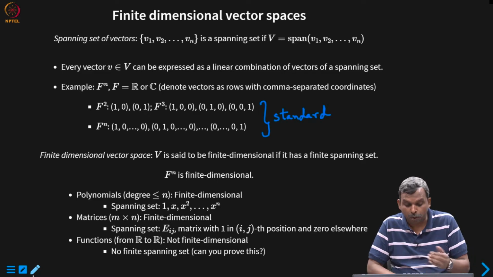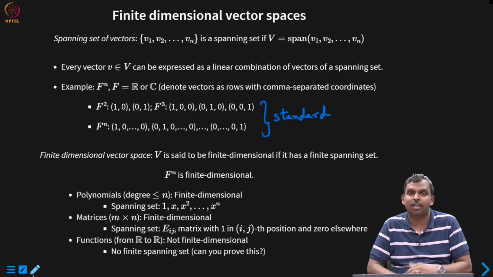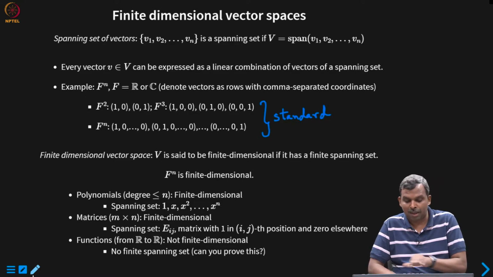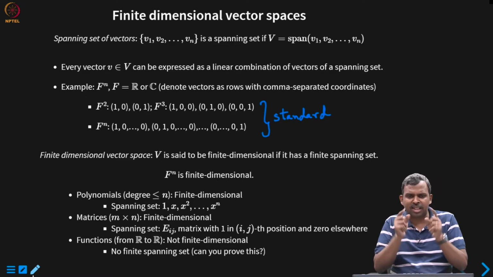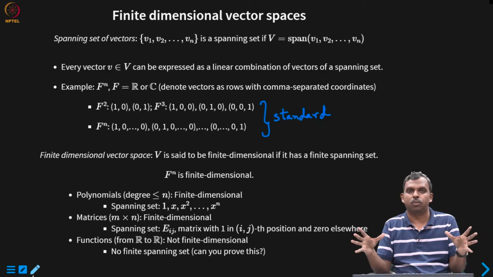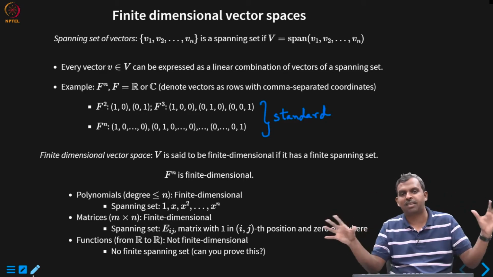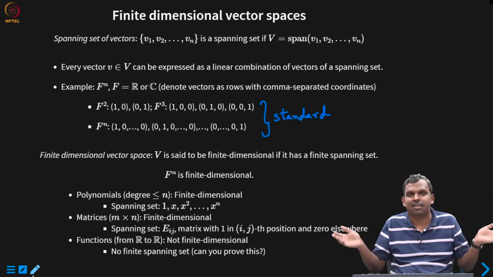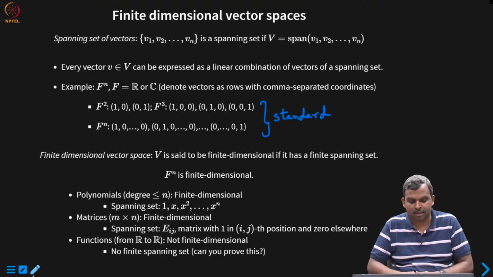The polynomials of degree less than or equal to 1 are finite dimensional. I've given you a spanning set there. The m cross n matrices are also finite dimensional. You can come up with a matrix which has 1 in the ijth position and 0 everywhere else. If you take all such matrices together, they will clearly span the set of all matrices. So that is also finite dimensional.